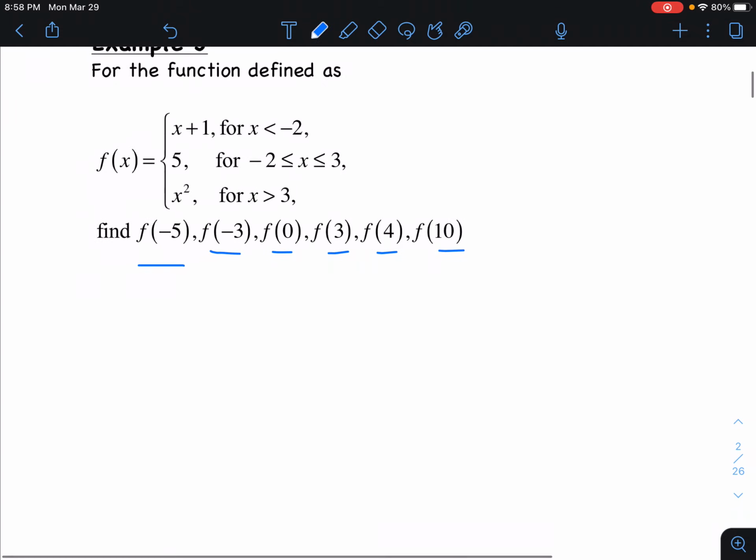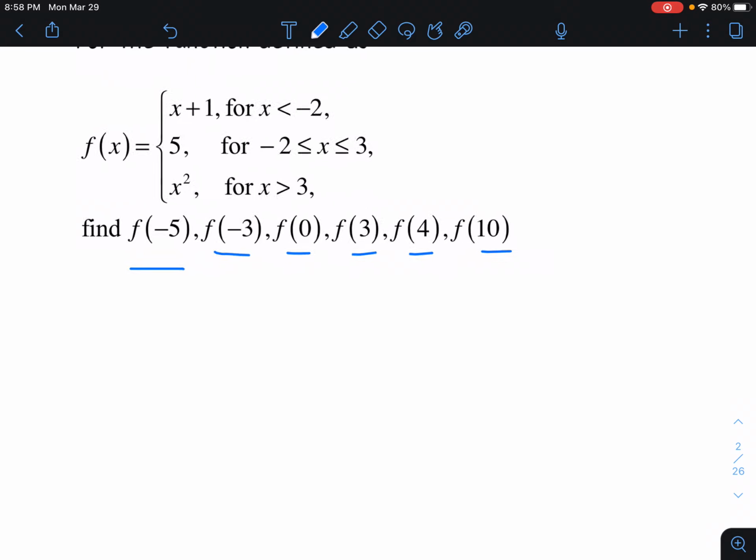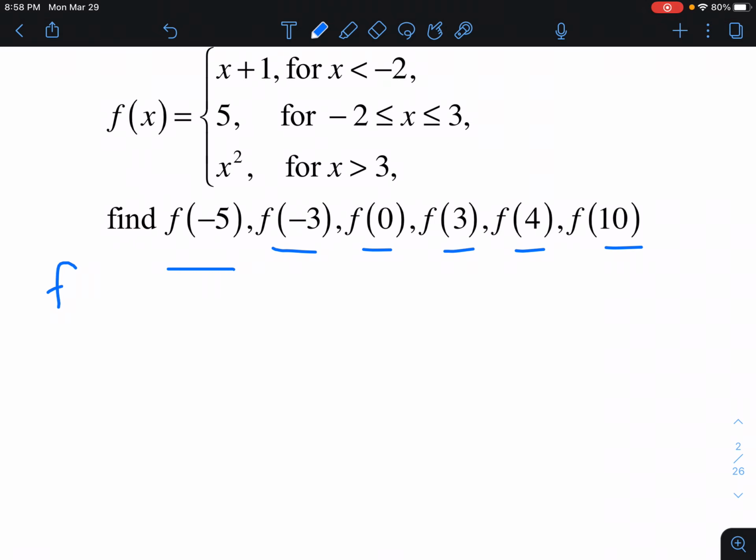So now let's start with f of -5. The x coordinate is -5. Which one do I use, first, second, or third? That has to do with the inequalities. These inequalities will tell me which one to use.